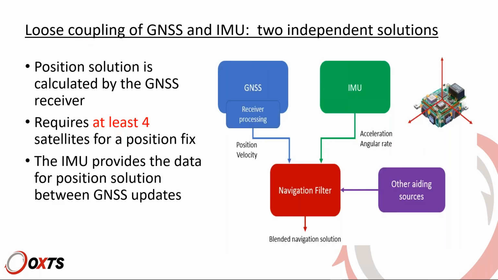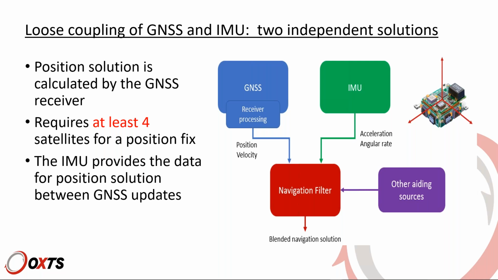Okay, so having said that GNSS only is not good enough, the solution is basically to couple the GNSS solution with an IMU solution. And there are 2 ways of doing that, so-called loose coupling and tight coupling. In the case of a loose coupling solution, what you have is basically 2 independent solutions, the GNSS and the IMU one.